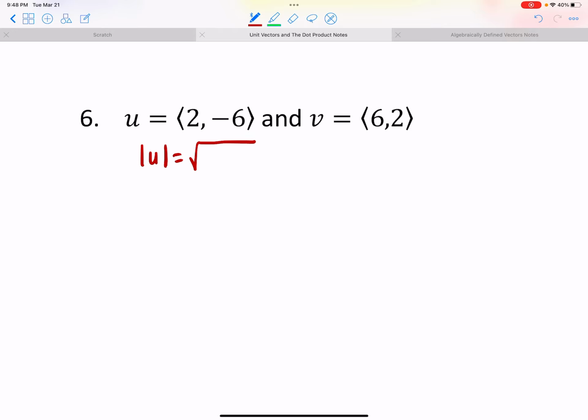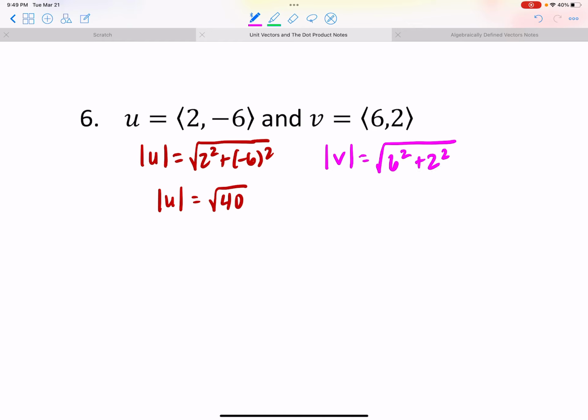So if I want to find the magnitude of u first, that's going to be the square root of 2 squared and negative 6 squared. 2 squared is 4, negative 6 squared is 36. 36 and 4 makes 40, and then the magnitude of v is going to be the square root of 6 squared and 2 squared, which is the same, 36 and 4, so the magnitude of v is the same, radical 40.